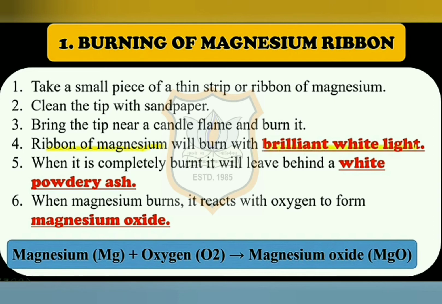The change can be represented by the following equation. Students, you can see the equation in this picture. So you will observe that this ash is magnesium oxide, which is a new substance other than magnesium.